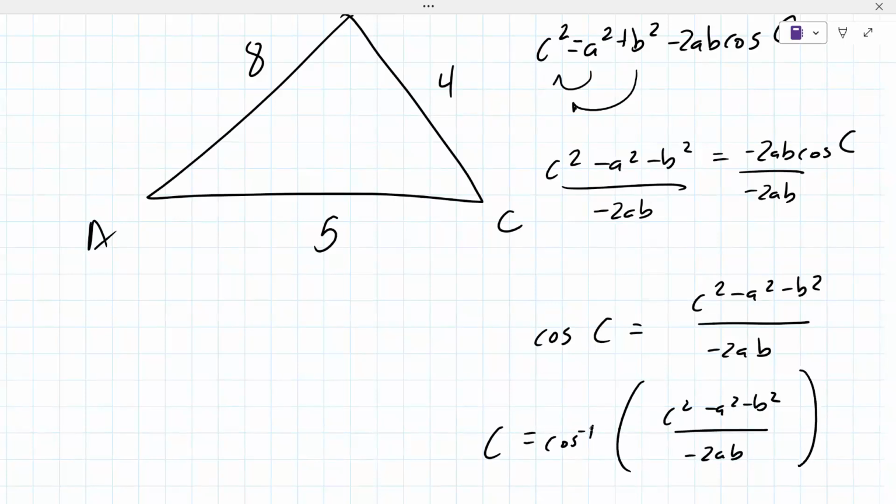Okay. So we've got those three values. We've got A is 4, B is 5, and C is 8. Could you calculate big angle C?